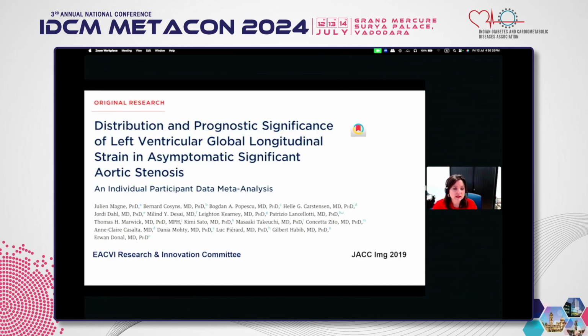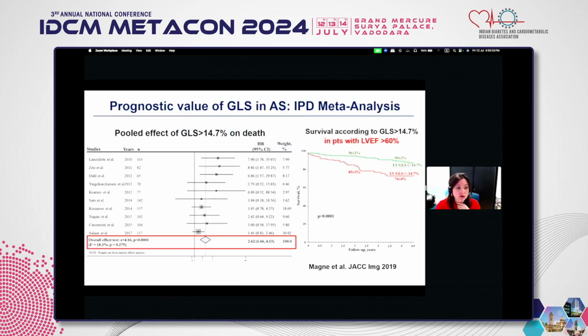So here, for example, there has been a meta-analysis, which highlights that there were many studies assessing this issue, which show that in patients with asymptomatic but severe aortic stenosis, assessing the GLS, the global longitudinal strain, can help us stratify this patient, even if the ejection fraction is preserved.